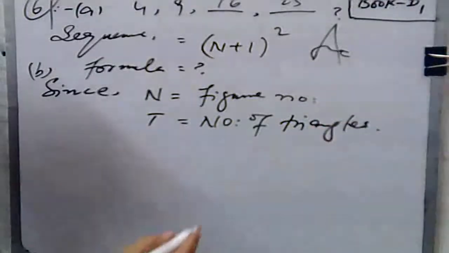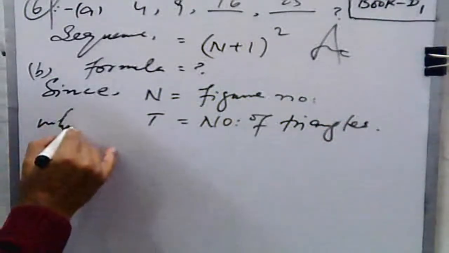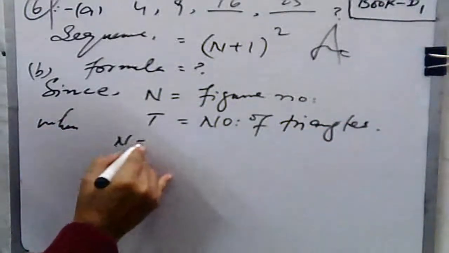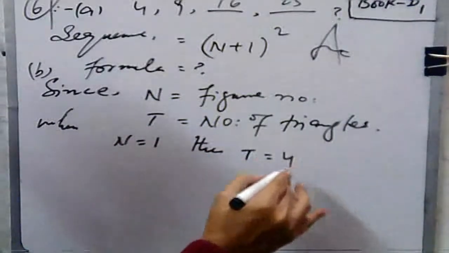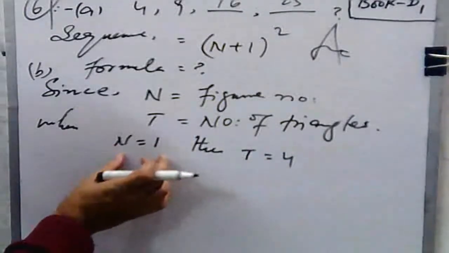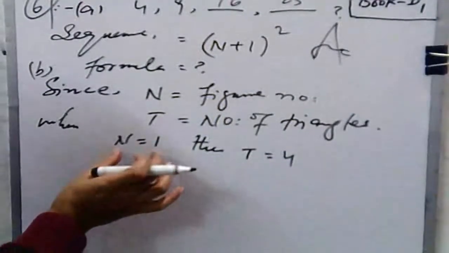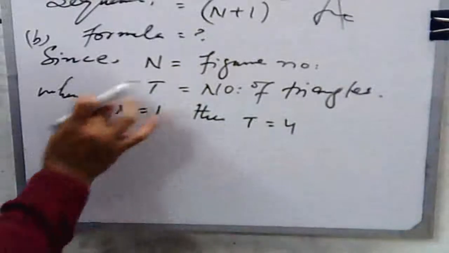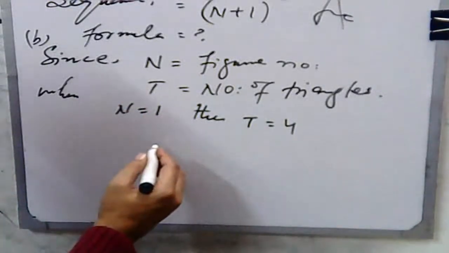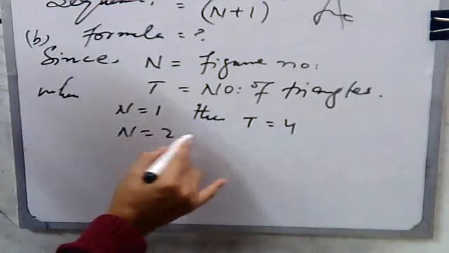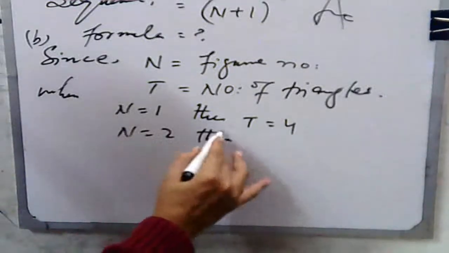So when we put n is equal to 1, then T is equal to 4, because in the first figure you can see in your textbook 4 triangles. Similarly, when I put n is equal to 2 in the second diagram, then the number of triangles, that is T, we got 9.